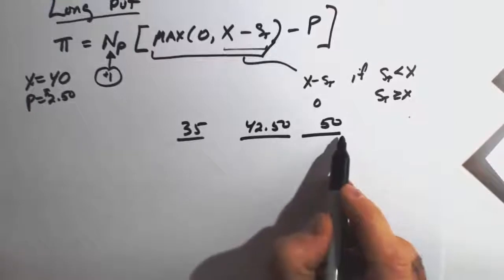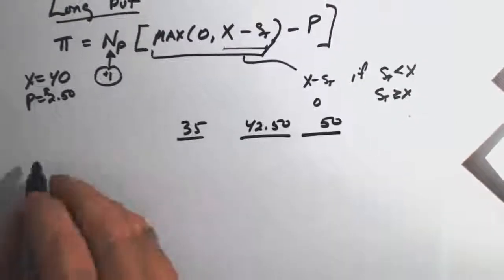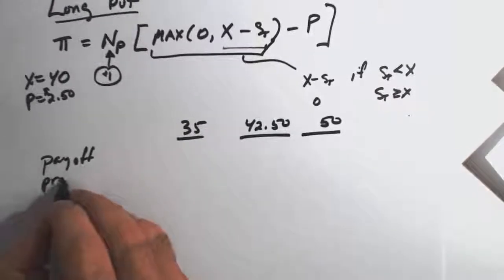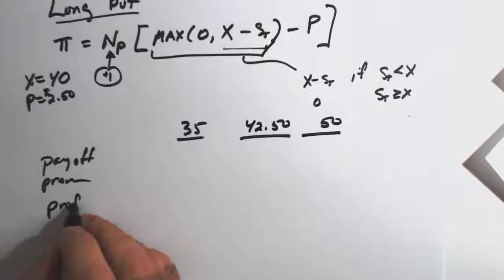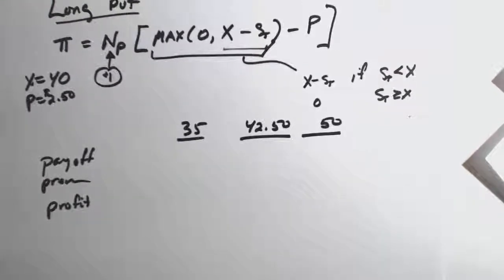Okay, so those are the scenarios for the stock price. I'm just making those up as I did with the past problems. We're going to have a payoff, we're going to have a premium, and we're going to have a profit, which is the sum of the payoff and the premium. Okay, so let's do the analysis here.